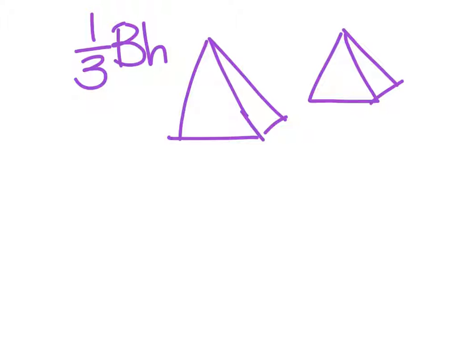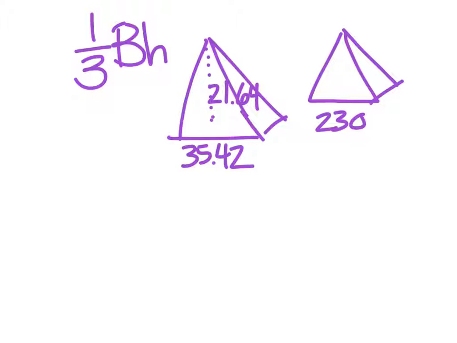The French one, the Louvre, has 35.42, and then the height 21.64. The Great Pyramid, as you can see, drawn exactly to scale, 230 meters on a side, and a height of 146.5.